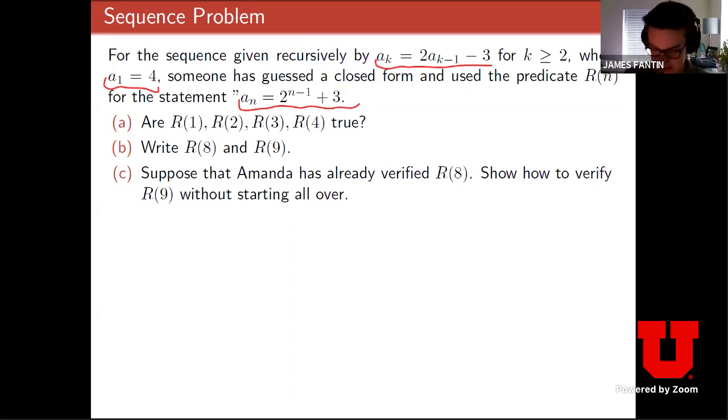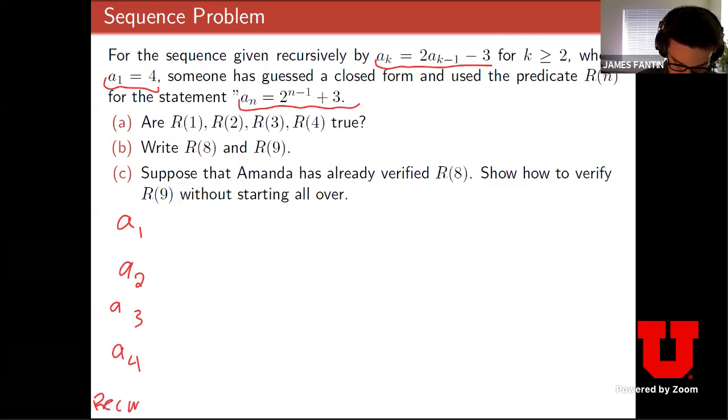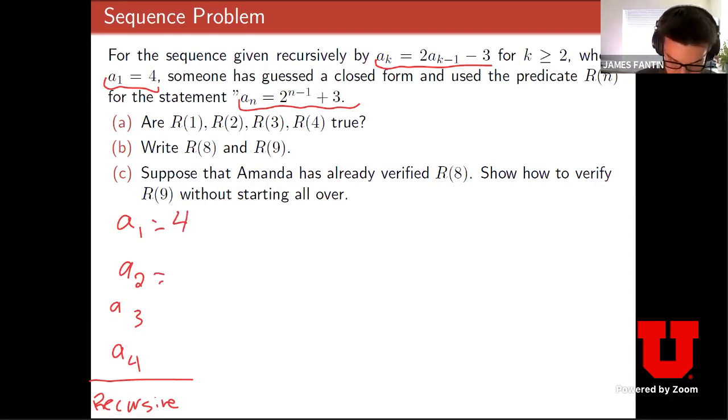All right, so let's go ahead and start checking these. First, in order to see if this formula is true, we need to find the values for a1, a2, a3, and a4. These are given by the recursive formula. a1 we were given, that's equal to 4. a2 is 2 times the previous value, so 2 a sub 1 minus 3.